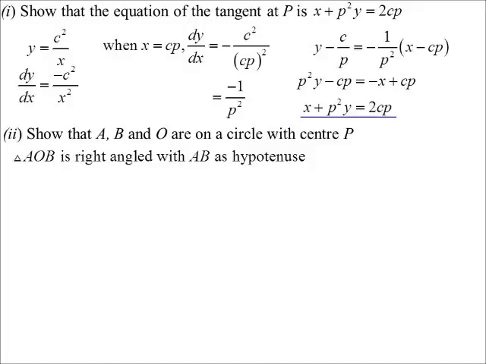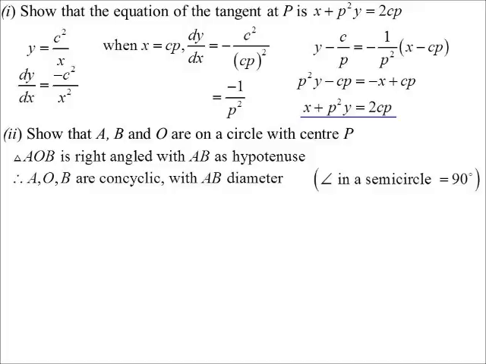So if it's right angled, there must be a circle that goes through those 3 points, and AB is the hypotenuse, so AB would be the diameter of that circle. Now we've got to prove P is the centre. We know AB is the diameter, so the centre of the circle would be the midpoint of AB.